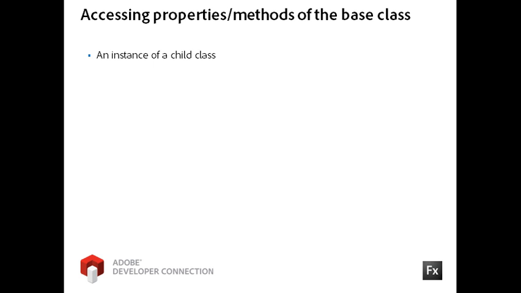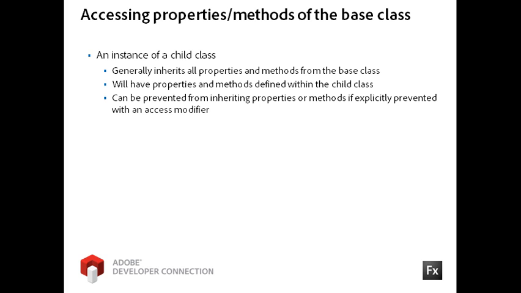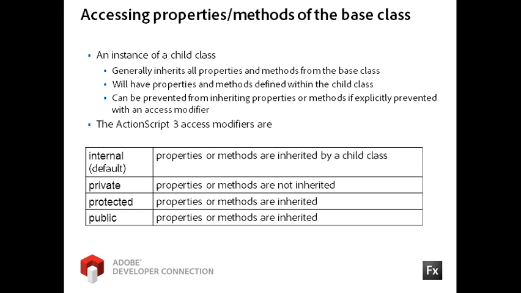When you create an instance of one of the child classes, it usually has access to both the properties and methods from the base class, as well as the properties and methods defined within the child class itself. You can, however, prevent instances of a child class from inheriting properties and methods by explicitly defining access modifiers on the class members. In ActionScript, the access modifiers are internal, private, protected, and public.